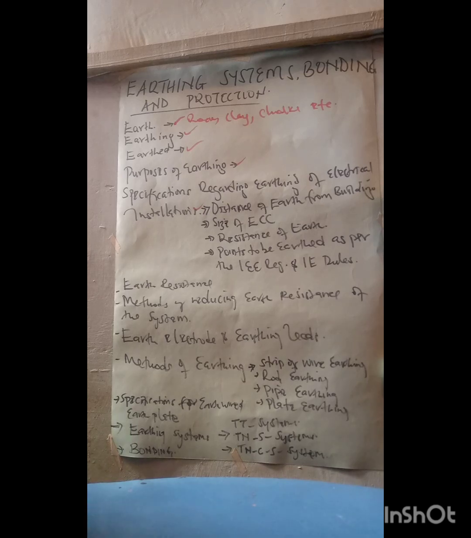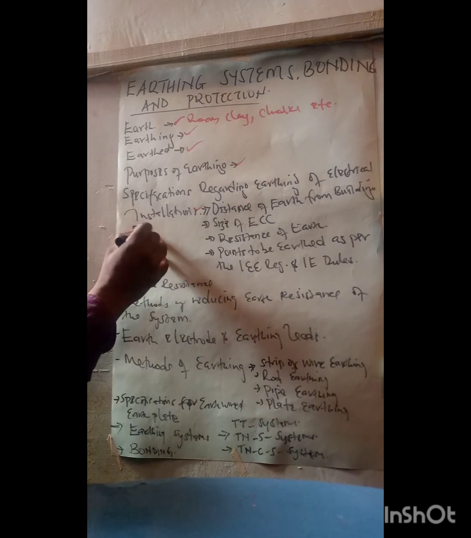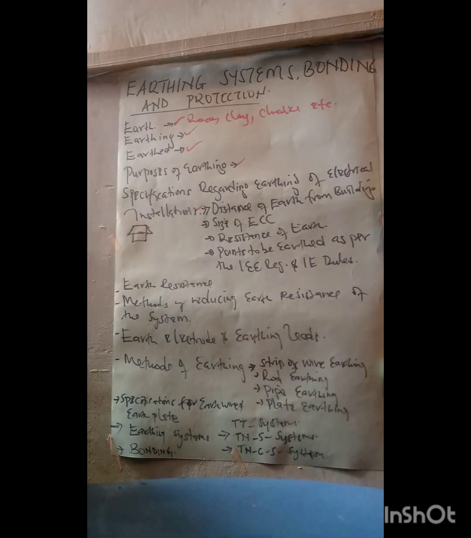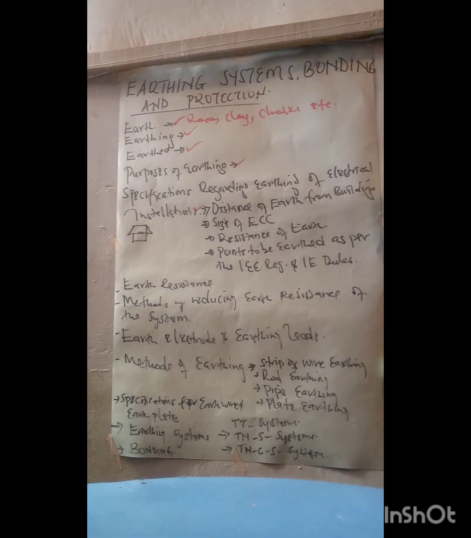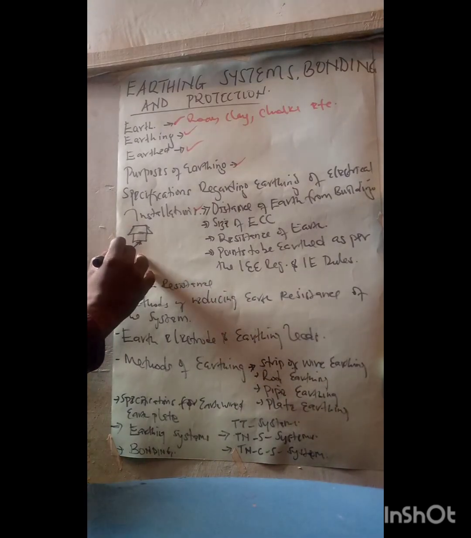So what does this term mean? When there's a building here, and you want to have your earth pit, that earth pit should not be within a distance of 1.5 meters. It should be out of this. So your earth pit should be here.